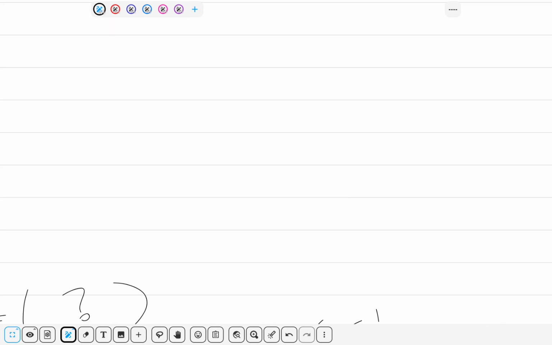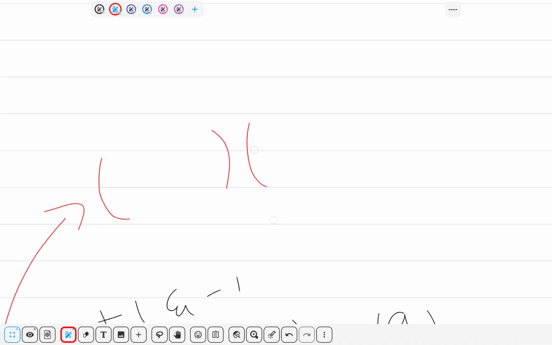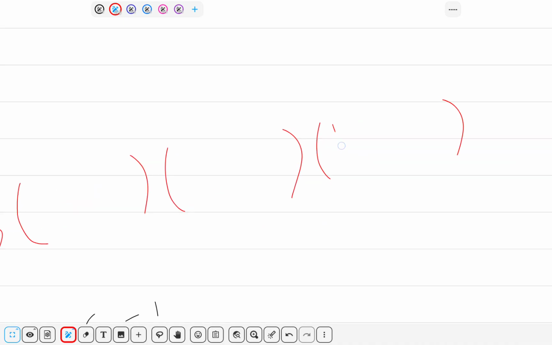So this can be diagonalized something like this. It is just identities around here.